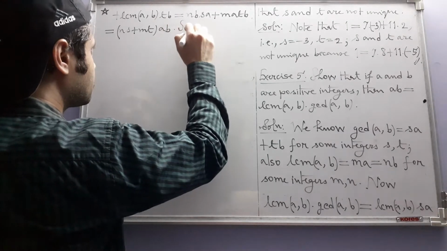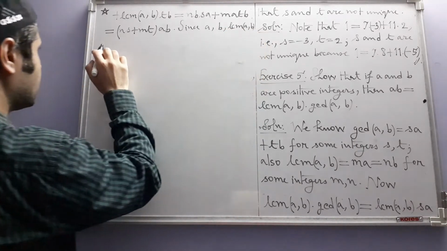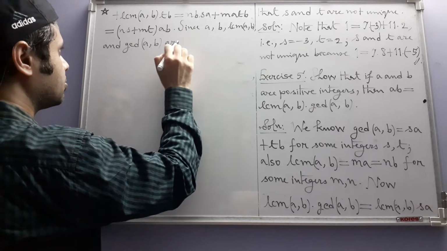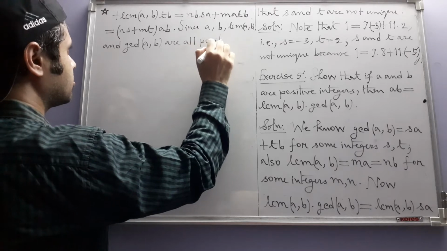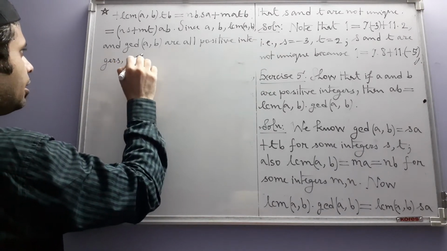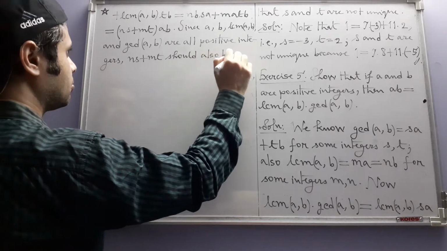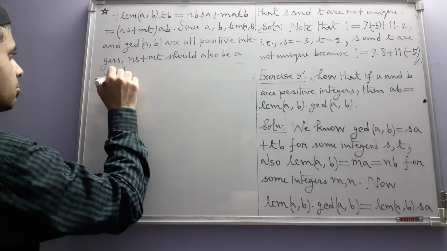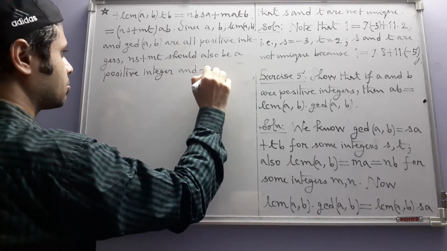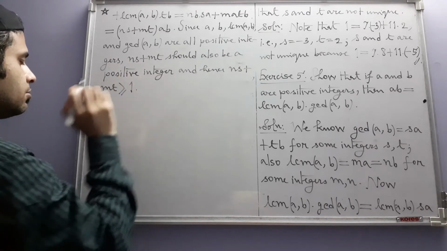since a, b, LCM of a and b and GCD of a and b are all positive integers. ns plus mt should also be a positive integer, and hence ns plus mt should be greater than or equal to 1.